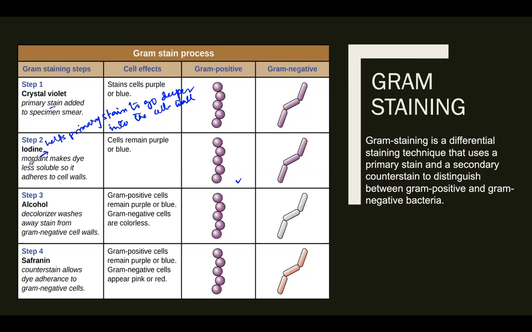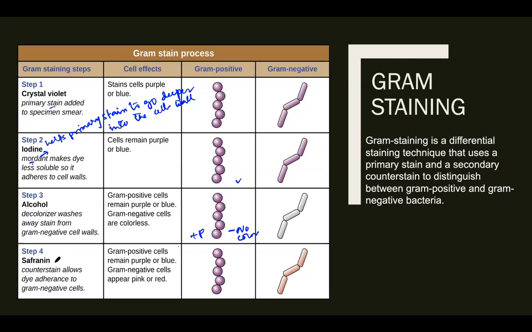Iodine cannot help the primary stain in that case, and whatever goes in, alcohol rinses away. So after this step, gram-positive bacteria are purple and gram-negative bacteria do not have any color.